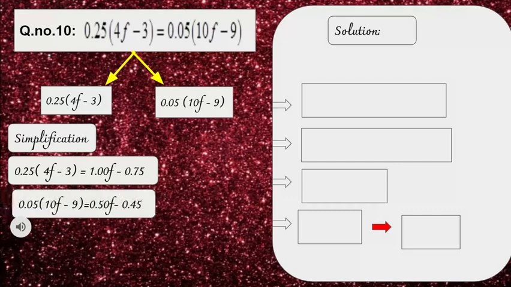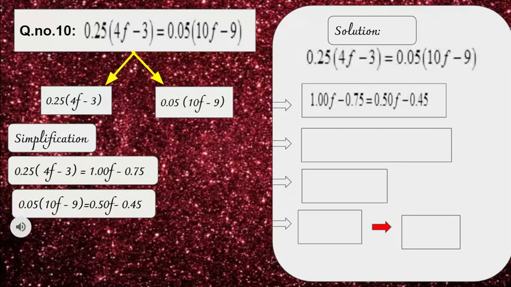Plus into minus is minus. 5 times 9 is 45, then putting the decimal, 0.45. So on the right side we are getting 0.50f minus 0.45. So after simplification, we are getting 1.00f minus 0.75 is equal to 0.50f minus 0.45. This is our second step of the solution.